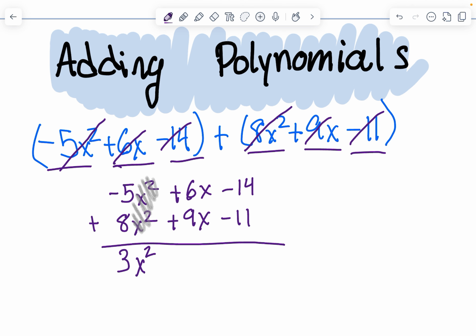Going next door, 6x plus 9x, again both of those have an x. 6 plus 9 is 15, that is positive, so I'm going to add a plus sign in front of it. Then finally, negative 14 plus negative 11, this is going to continue to be negative, so I'm going to have negative 25. And that answer there at the very bottom is our addition for polynomials.